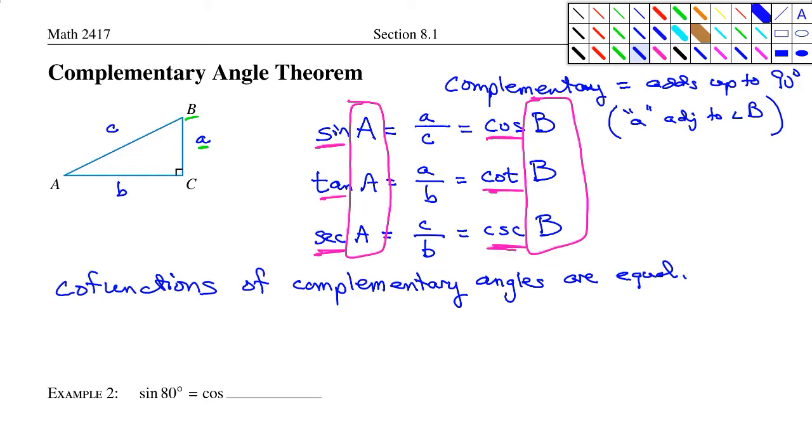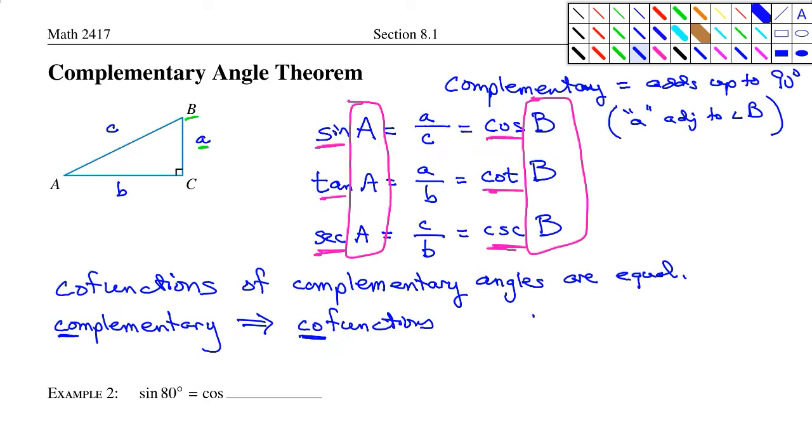In fact, because of this relationship, complementary, right, means it added up to 90. The CO in complementary is where we get the term cofunctions. The CO in cofunctions is really just sort of short for complementary.